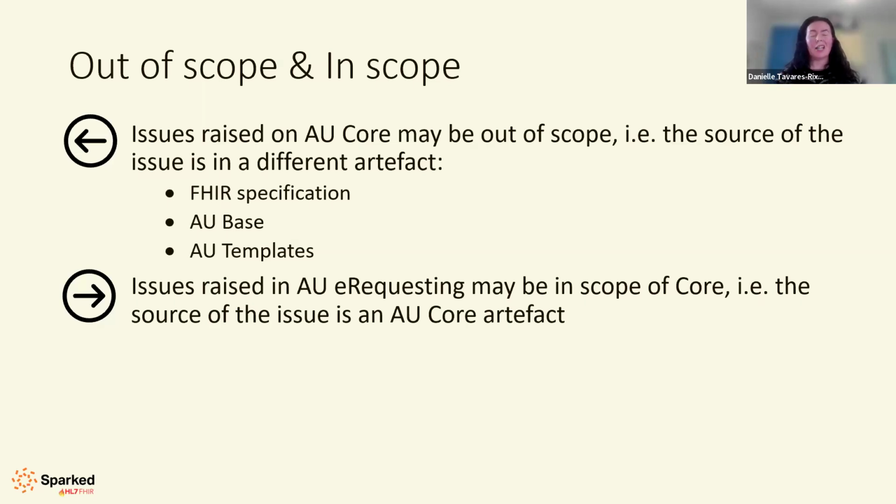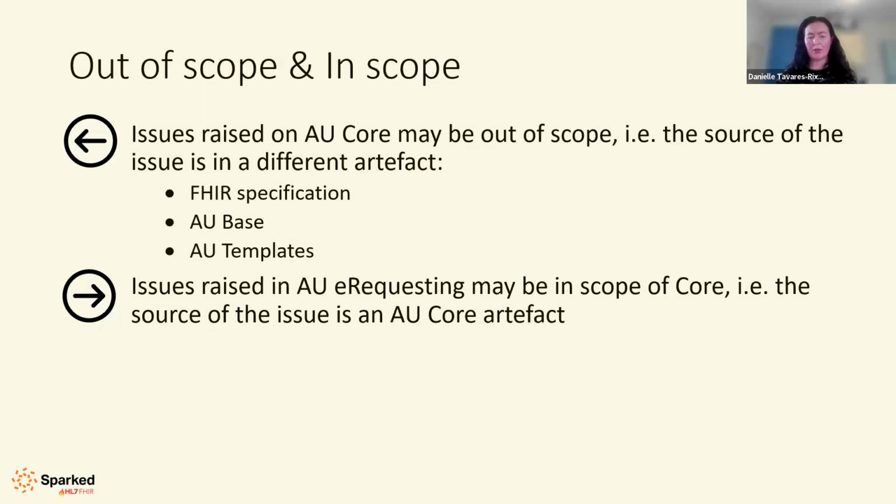And I know I've written FHIR spec there, but it might be other places, like someone might raise something about a SNOMED preferred term. Again, that's not something that a change in AU Core can affect. That item needs to be addressed in SNOMED rather than Core.